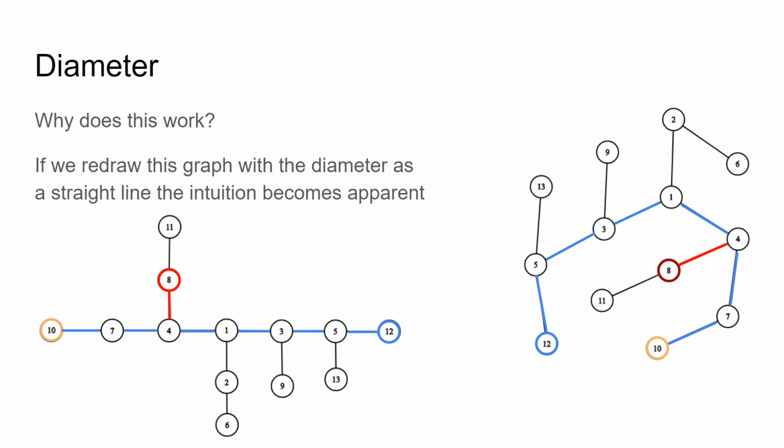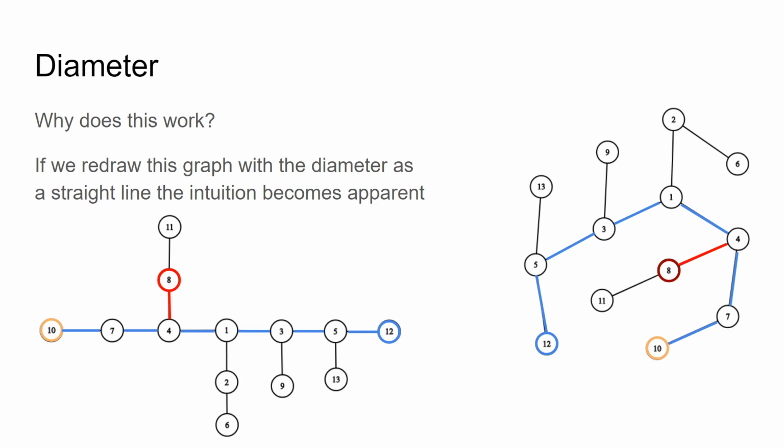So regardless of what node you look along there, an endpoint of the diameter will be the furthest node from that point. For instance, if we look at 9, the furthest node from 9 would either be 10 or 11. If we look at 6, I believe it would always be 12 that is the furthest away in that case.